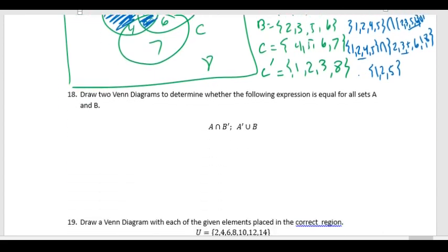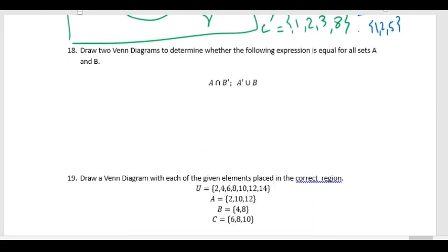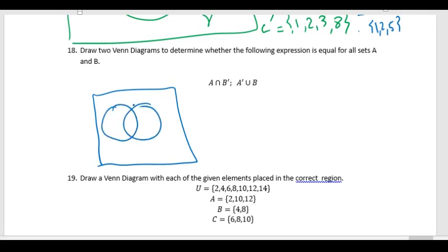Draw 2 Venn diagrams to determine whether the following expression is equal for all sets A and B. So I'll draw my first Venn diagram. So here's A, B, 1, 2, 3, and 4. I'm going to write my universal set is 1, 2, 3, 4.